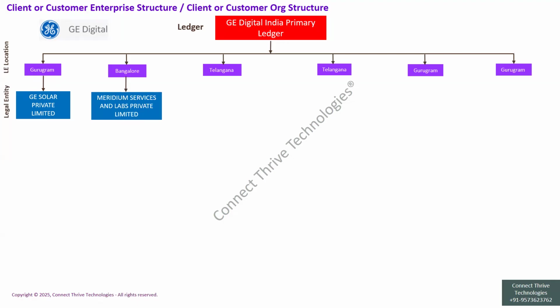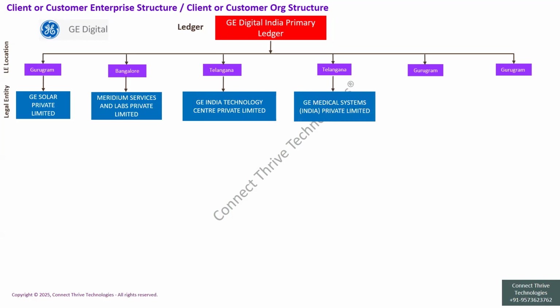Like if you have a factory or a plant, for a power plant or a gas station or any food processing unit or any manufacturing company, they will give automated solutions. And GE India Technology Center Private Limited. This is also one kind of technology they provide for all businesses. And GE Medical Systems India Private Limited.